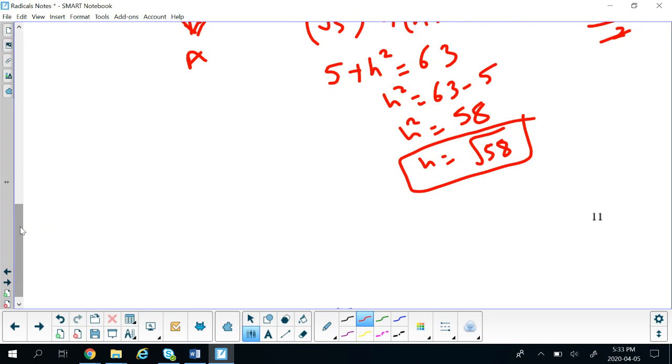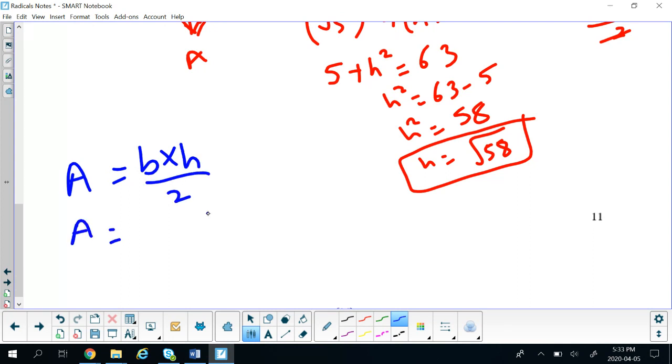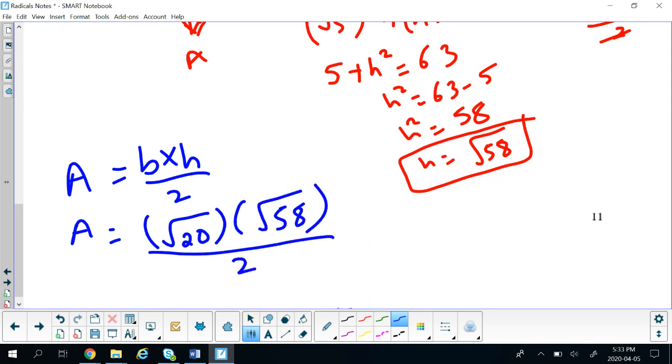Now let's calculate the area. Area is base times height divided by 2. So our base is square root of 20. And our height is square root of 58 divided by 2. So we're going to multiply these two radicals here. So 20 times 58 is 1160 divided by 2.